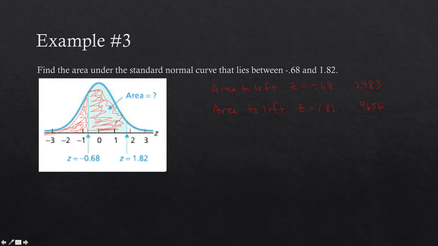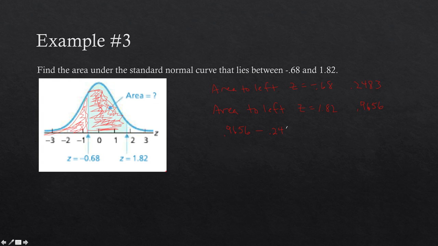Now, to find this middle area, that's what we're trying to find, remember, is the middle part, not these two lefts. Well, to find that middle, we have to subtract. So subtract the area of 1.82 minus the area of negative 0.68.